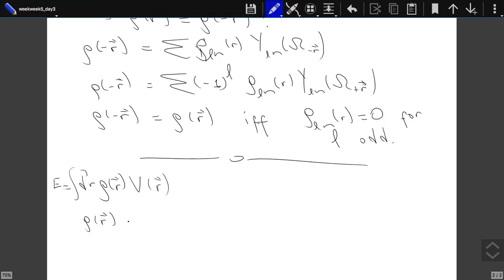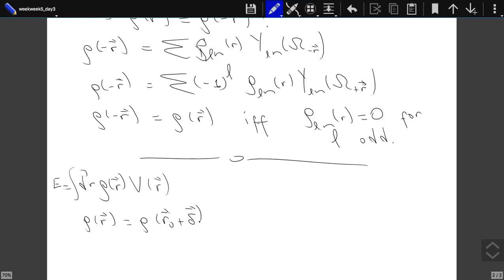Rho of R will be, let's say, rho of R0 plus delta. What is R0? You can choose it to be arbitrary, but what we want to do is expand in delta. But if you want to expand in delta, you should make sure that delta is small. So R0 is kind of arbitrary.